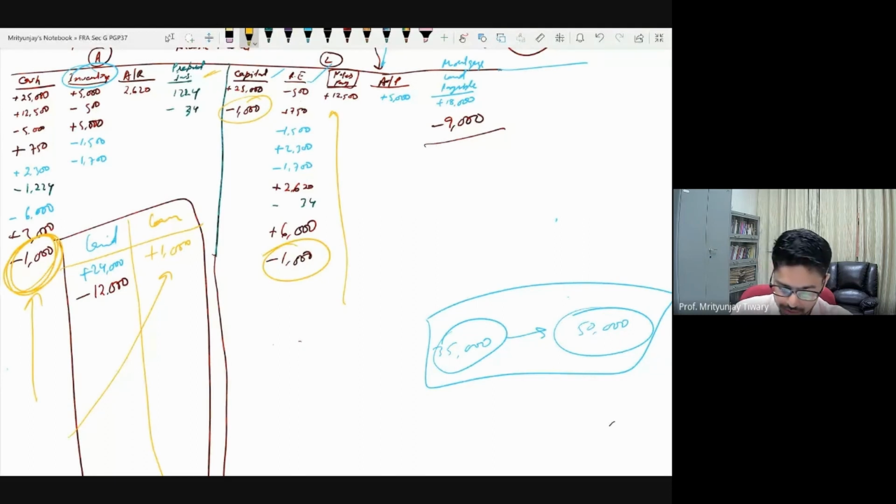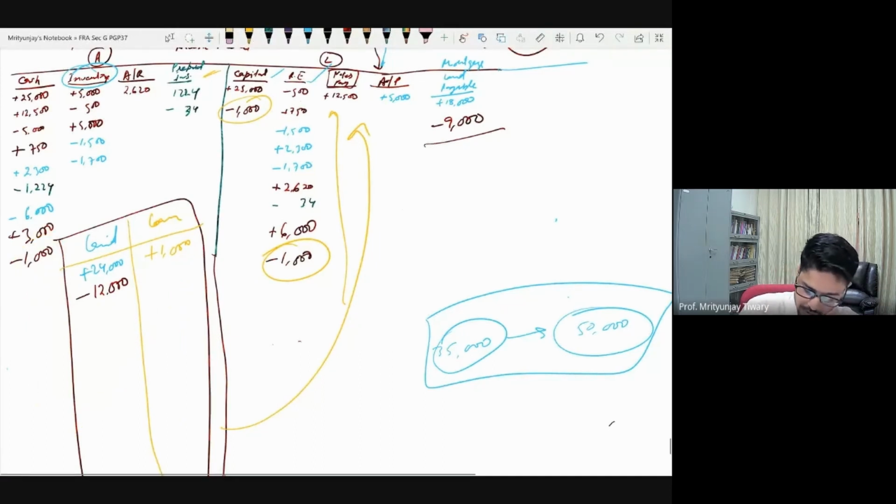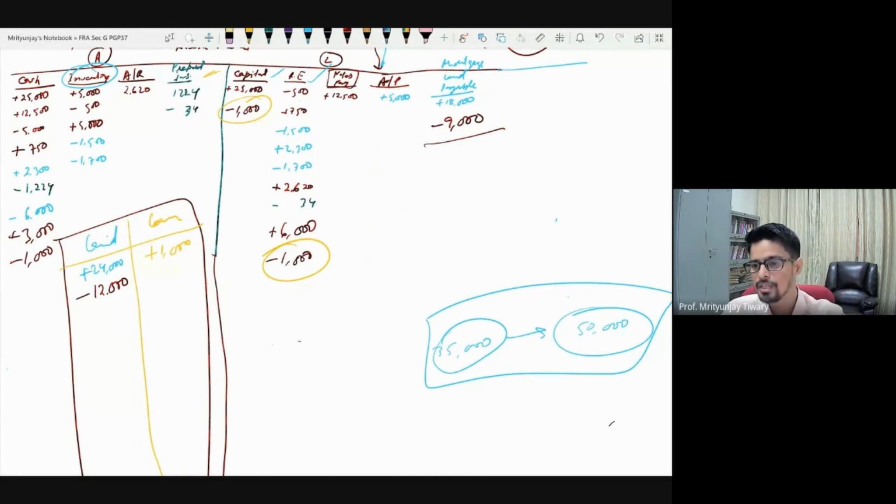When you take a loan, it is your obligation. When you give a loan, then it should be your asset. So that is why I have written it in the asset side. Clear up till here? Now suddenly we have three contenders. Okay, great. Now which one of these is correct? Anybody with any new alternative? Okay, let us discuss which of these three options is correct. Option A, option B, or option C.